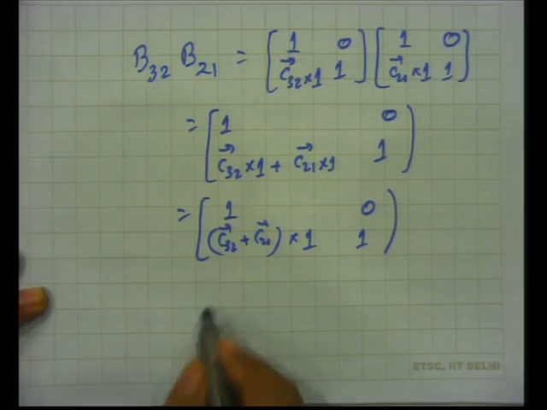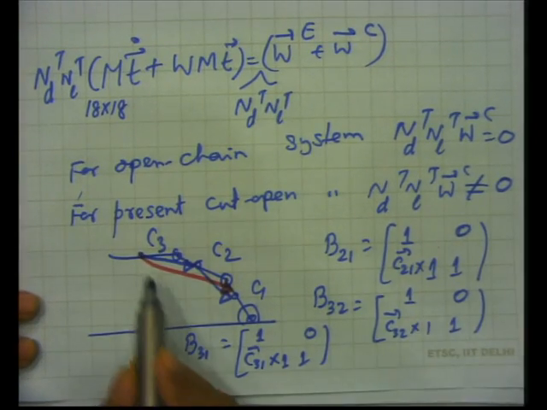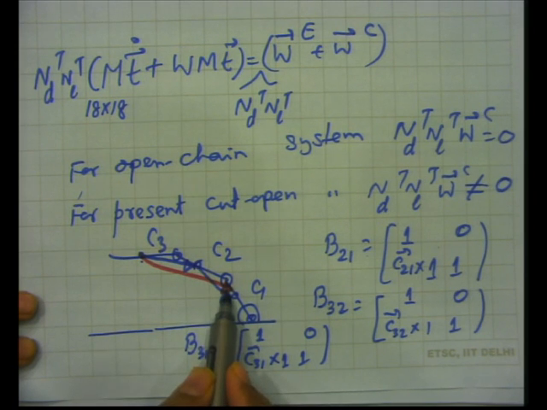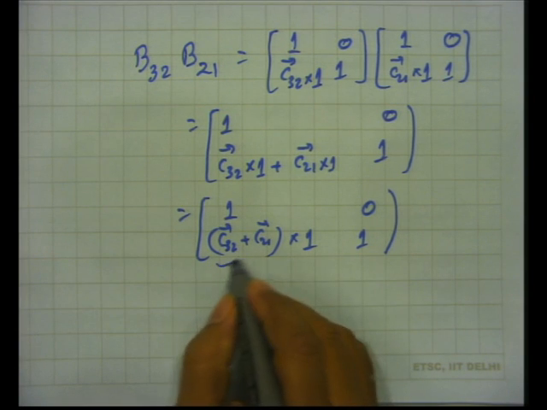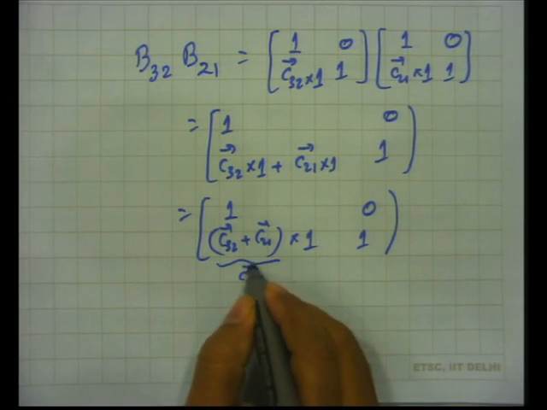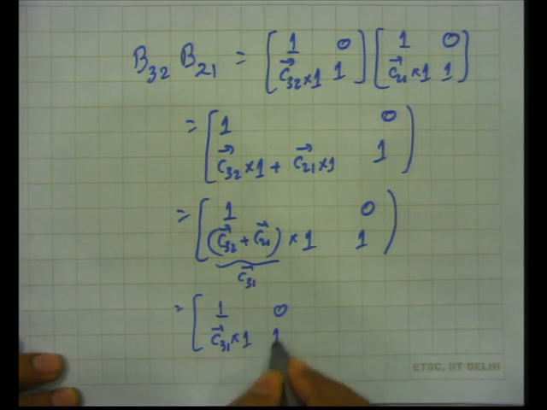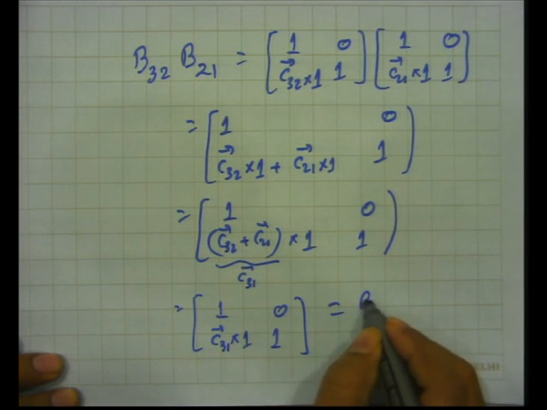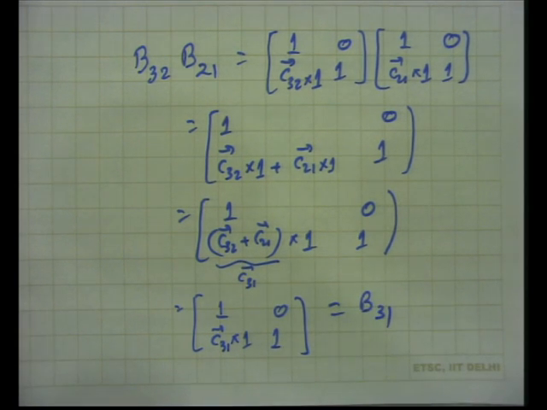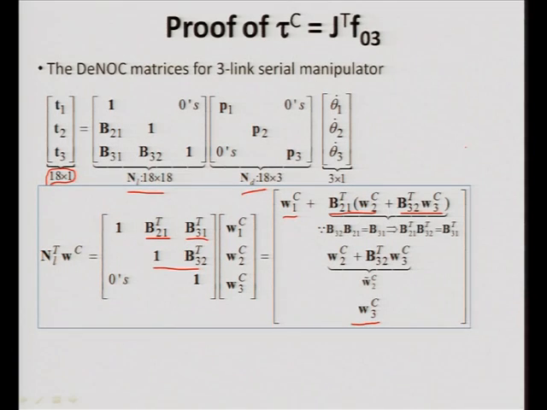From our earlier diagram, C32 is this much and C21 is this much. What is the total? C31. So, now I can write it as C31, and this takes the shape of [1 C31 cross; 1 0 1], that is equal to B31. Okay. So, that is the property I have used on my slides to write the top expressions here.